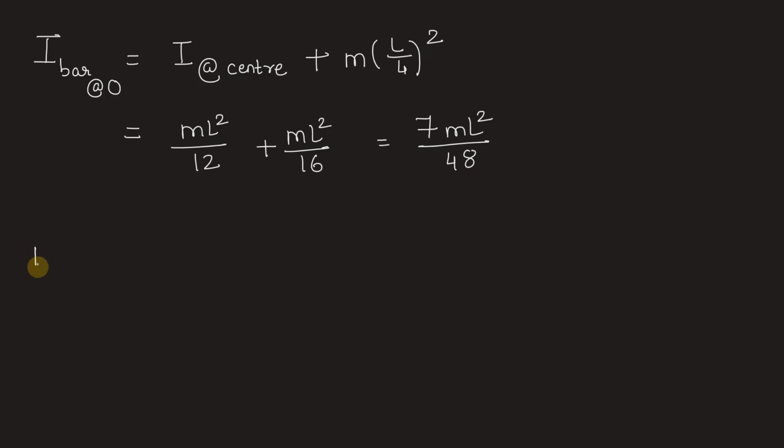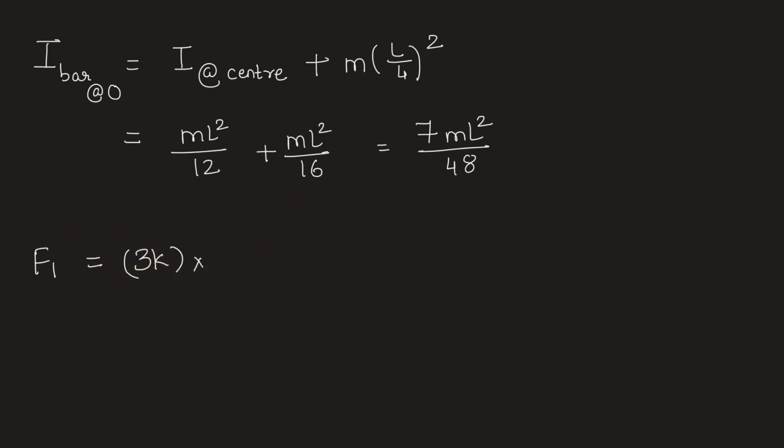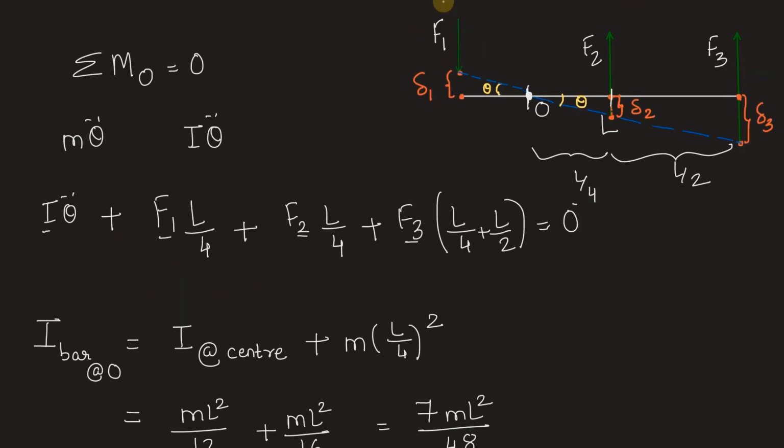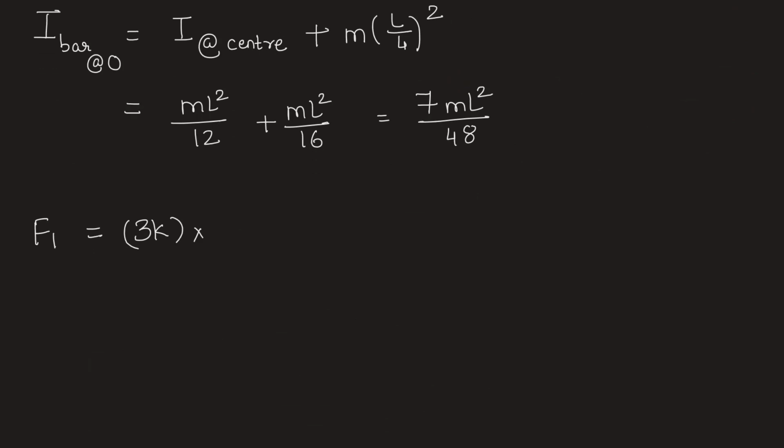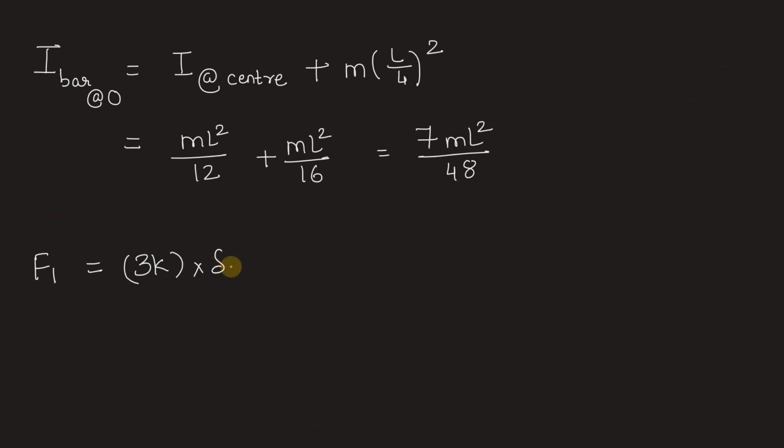Now the second thing, let's calculate F1. The force in the spring, F1, can be given as the stiffness of the spring, 3 times K, into the compression of the spring. The compression of the spring is equal to the displacement of this point of the bar, that is delta 1. So we write 3K into delta 1. But we need to find delta 1.